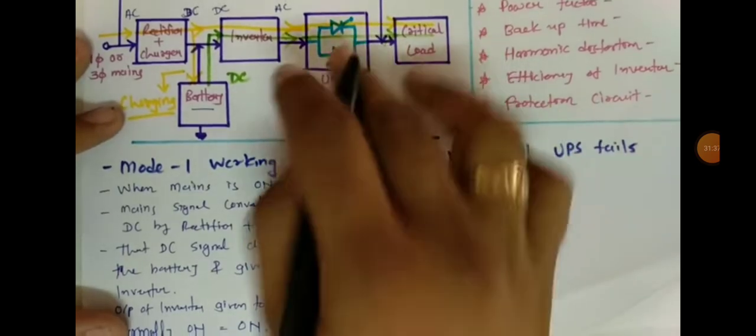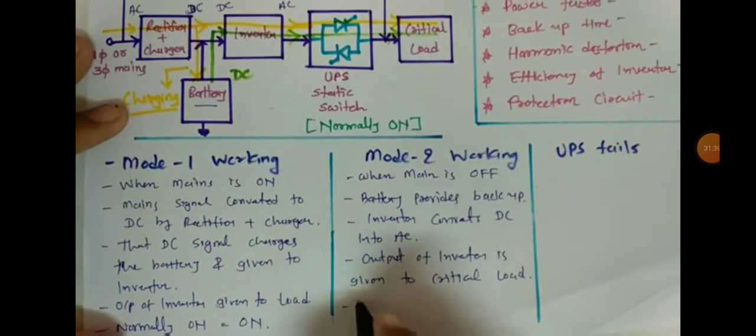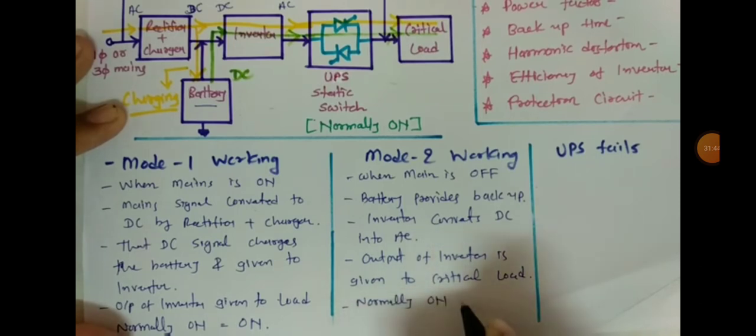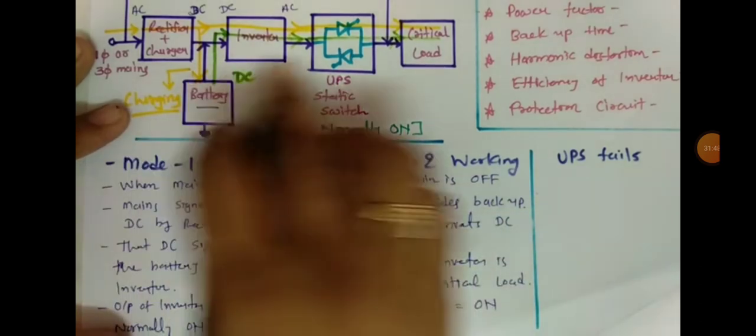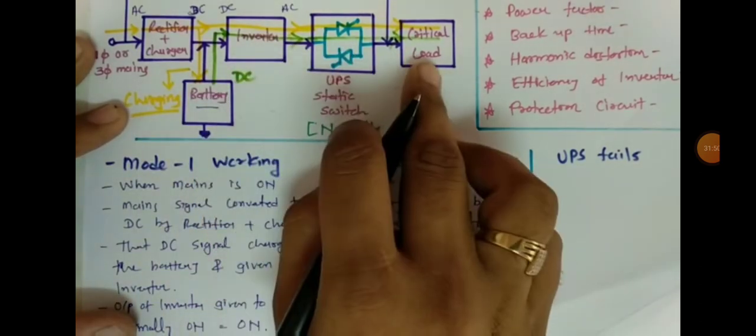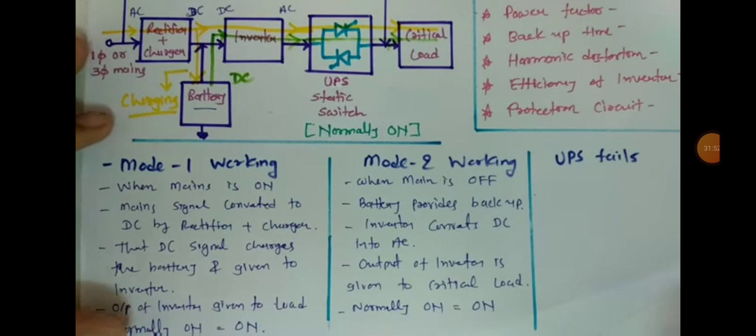How? It is the normally on switch, which is on. So the normally on switch is on. That's why this output of the inverter will be delivered to the critical load.